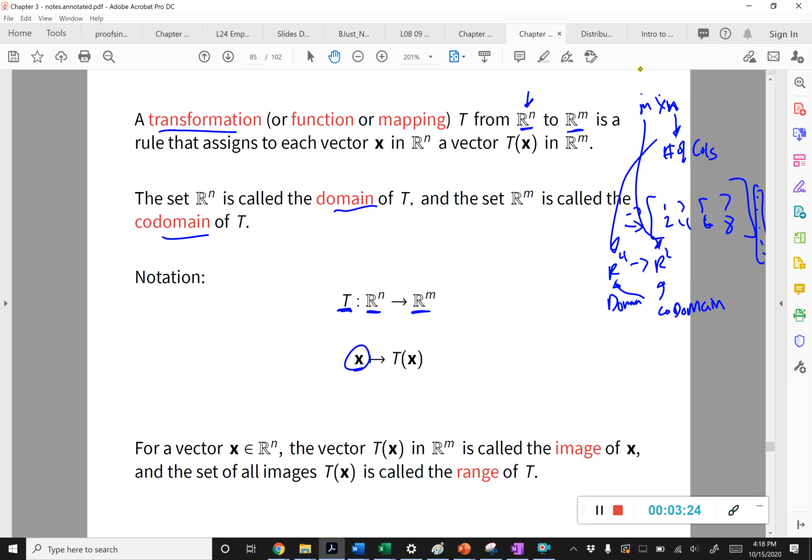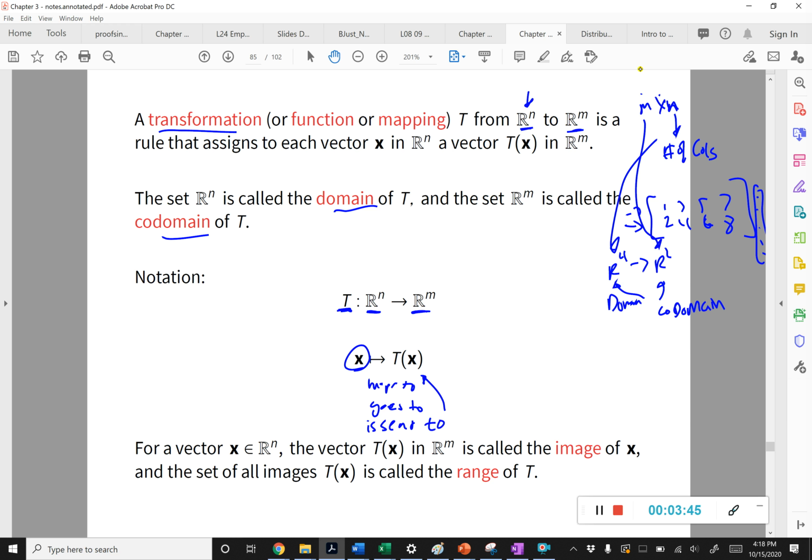Sometimes they'll say X maps or goes to, or is sent to T of X. So, boy, I'm going to win the award for the worst handwriting on videos.